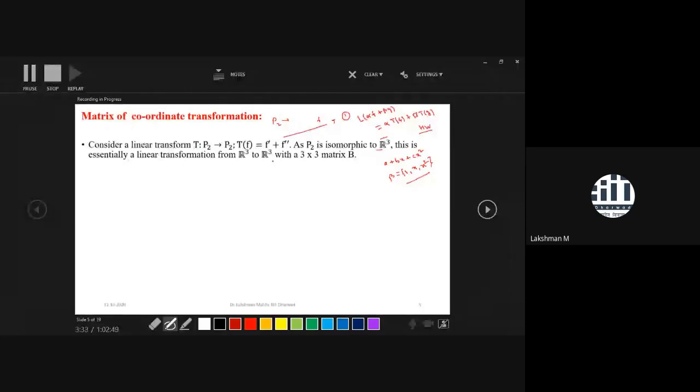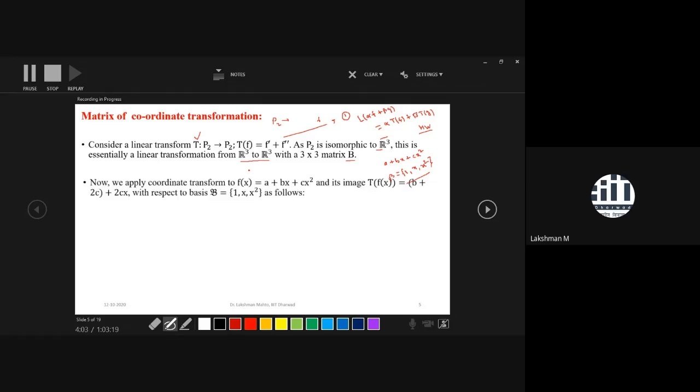Since P2 is isomorphic to R3, we can claim that this transformation T also defines a linear transformation from R3 to R3, and definitely it will have a 3 by 3 matrix. So we need to find that matrix.